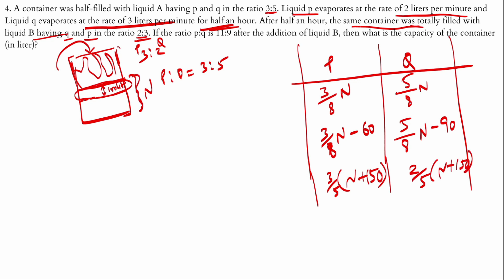See, initially this was N. After half an hour, this 150 liters were evaporated. So for the second time after half an hour, this N liters must be filled and also the remaining evaporated quantity must also be filled.